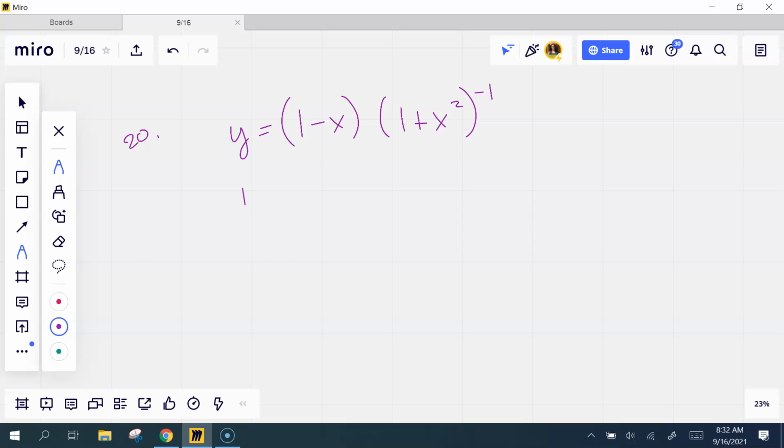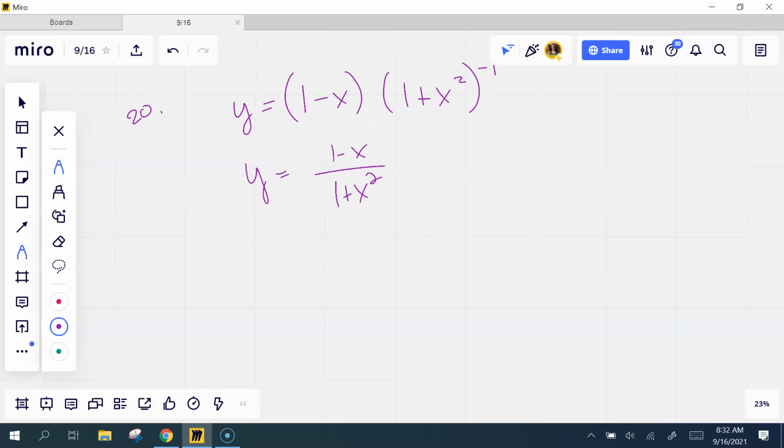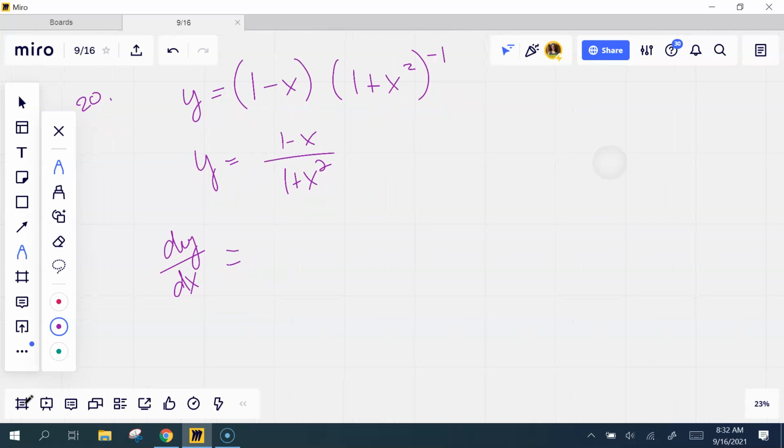So it means this is really 1 minus x over 1 plus x squared. So to find dy dx here, because of the -1 exponent, that means put it in the bottom of the fraction and make it positive.